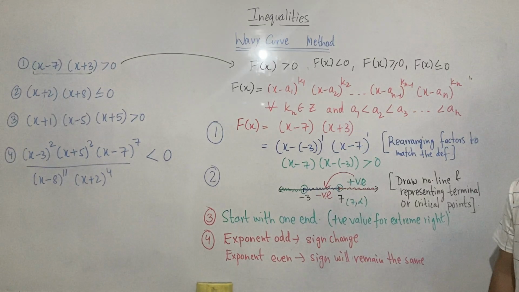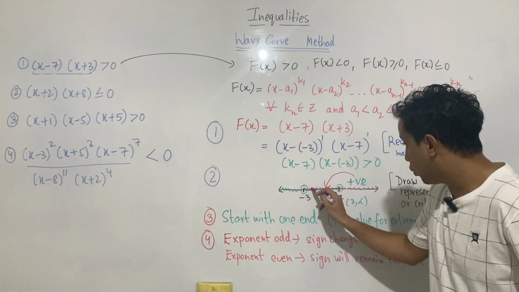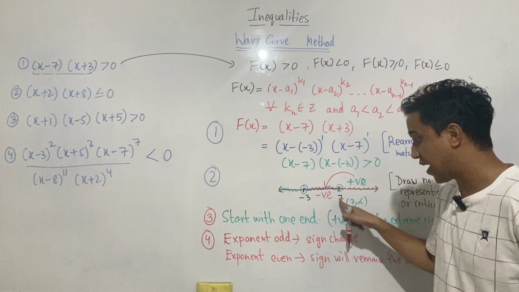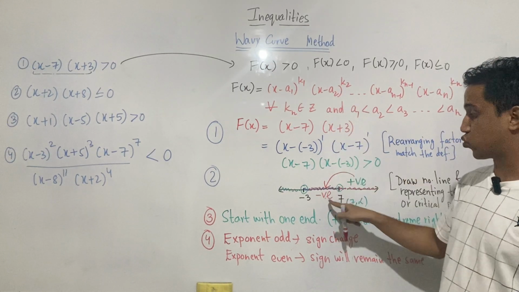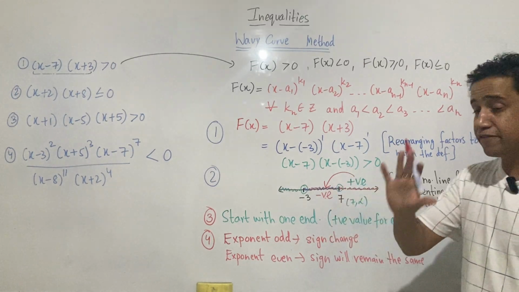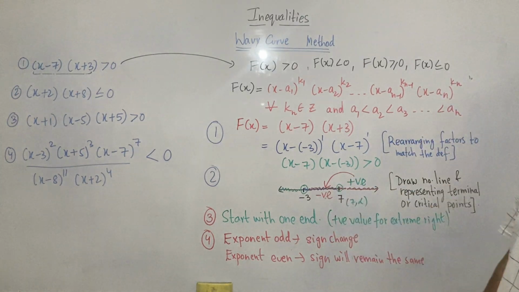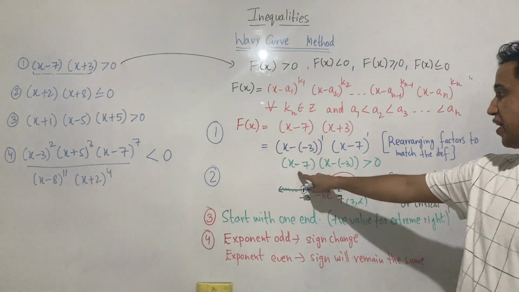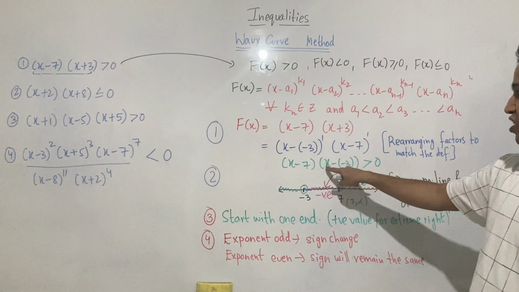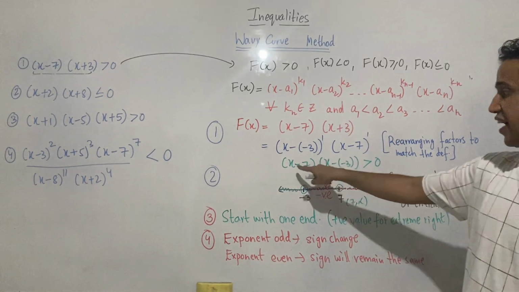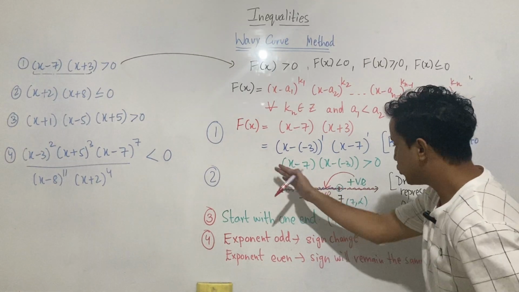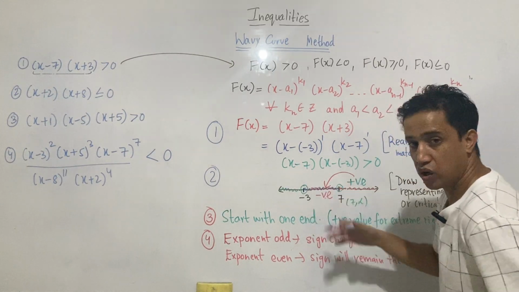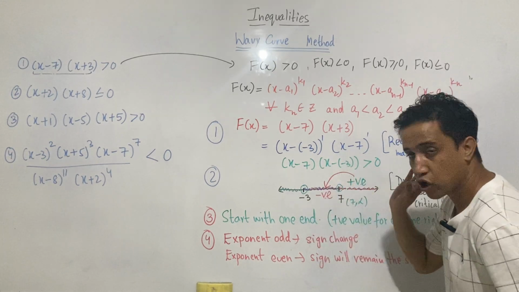I hope you understand. Now, in this whole region from minus 3 to 7, the value of this function is going to be negative. Okay, if you don't believe me, you can take any number, let's say 0. You put here 0 minus 7, negative, and here 0 plus 3, positive, negative times positive is negative.